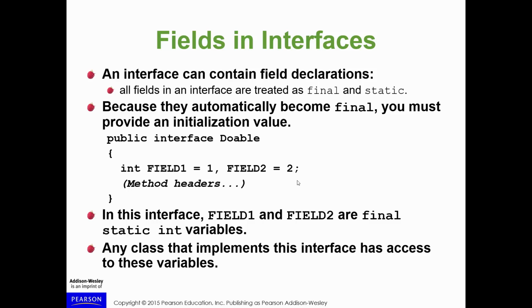An interface can have fields in it. But any field that you put into an interface is automatically final, meaning it's a constant, and static, meaning that there's only one of them that gets shared by all instances. Since the data that goes in there is automatically final, you must initialize it.